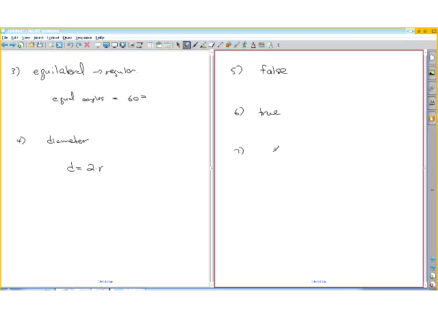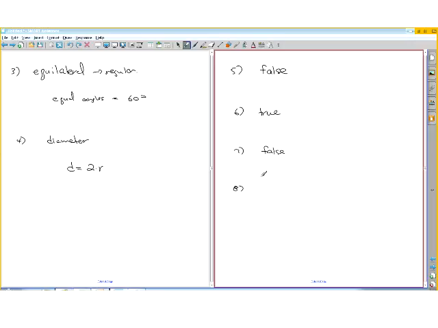So if you had two angles that were greater than 90, you add them together and you get more than 180 degrees. So there's no way that you can have two angles greater than 90 degrees. If one's greater than 90, the other two must be less than 90, and they all add up to 180. So number 7 is false. You can't have more than one obtuse angle.